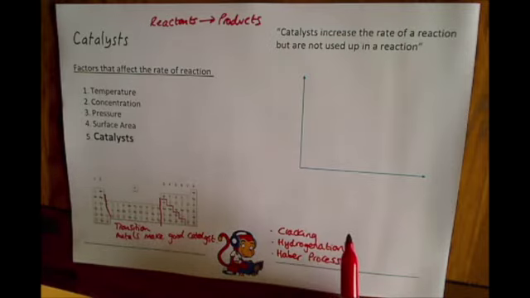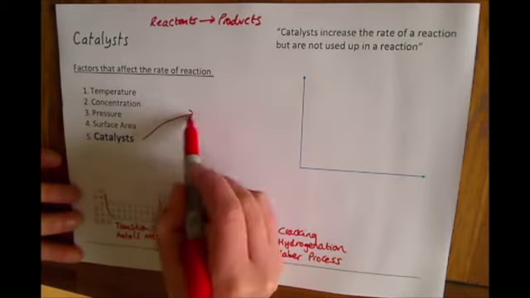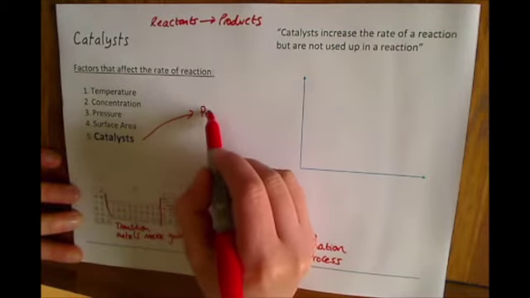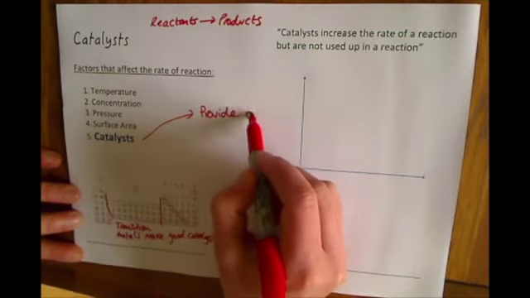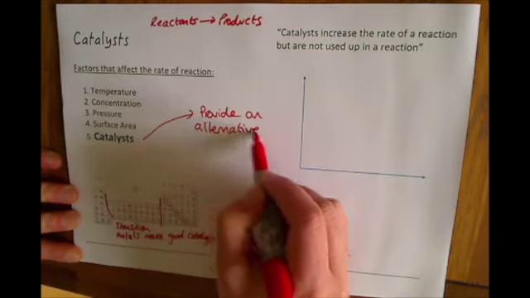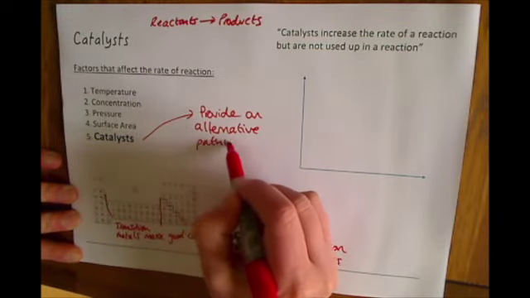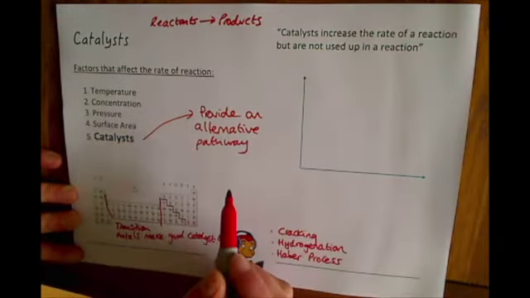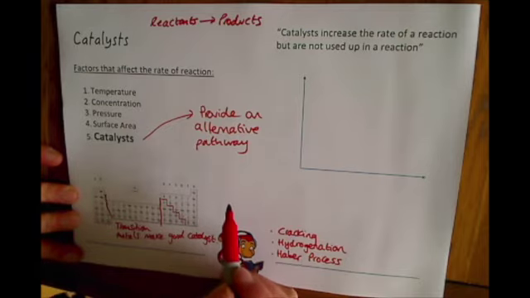Now what catalysts do is they provide a pathway, an alternative pathway for the reaction to happen. That's how they speed it up. And that pathway has a lower activation energy.